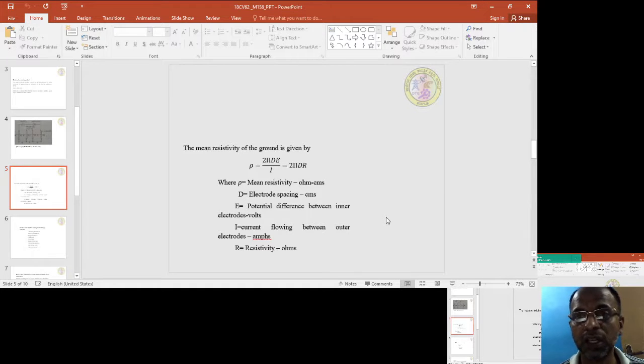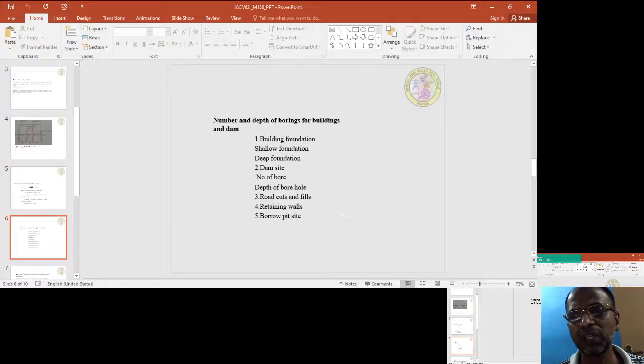That means whatever value we obtain from the mean resistivity in the field may not be correct. That is one drawback. The second drawback is, whenever rocky strata is encountered, the resistivity value will not reflect the presence of rocky strata below the soil strata. That is the next limitation of the resistivity method.